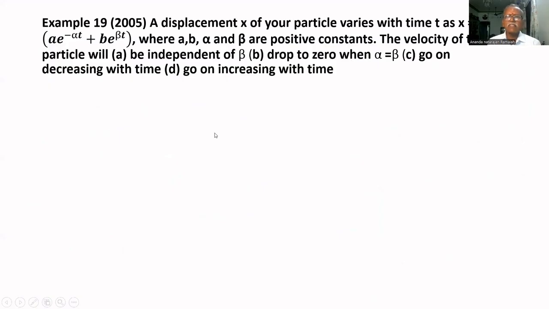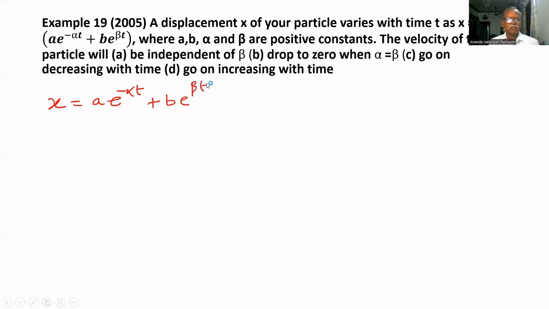A displacement x of a particle varies with the time t as x equals a e power minus alpha t plus b e power beta t.